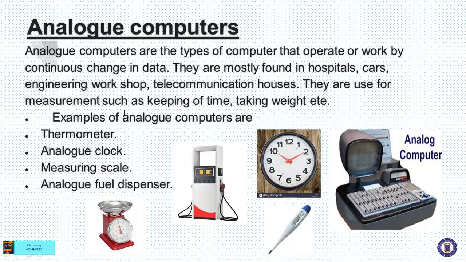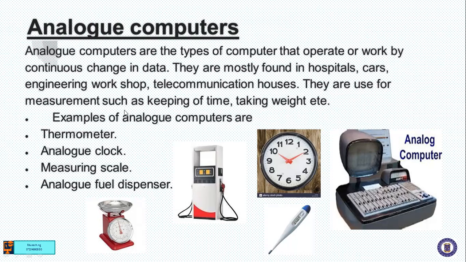Examples of analog computer are thermometer. Now we know that thermometers are used to check the temperature of a person or of a place. We also have the analog clock. You can see the diagram of a clock. You know the clock keeps changing. They are not static. We have the measuring scale.